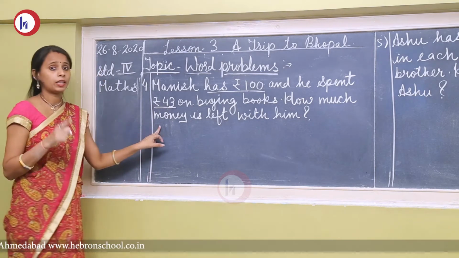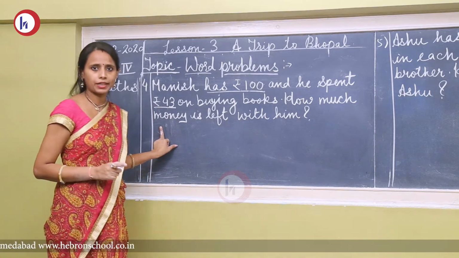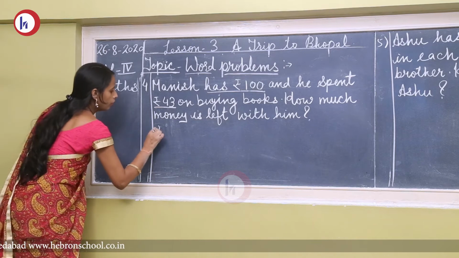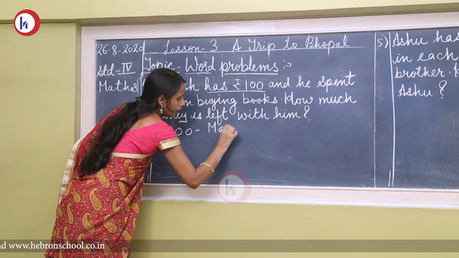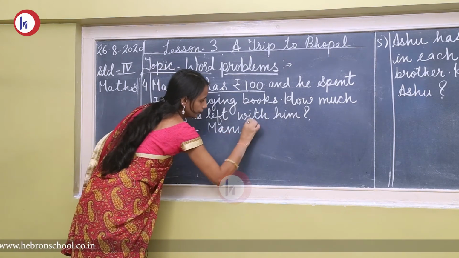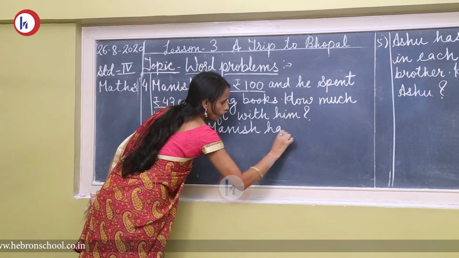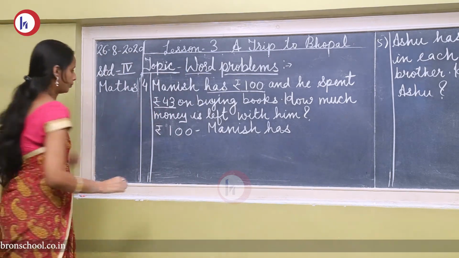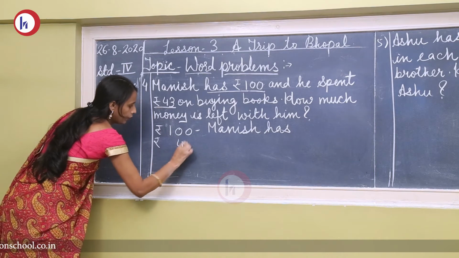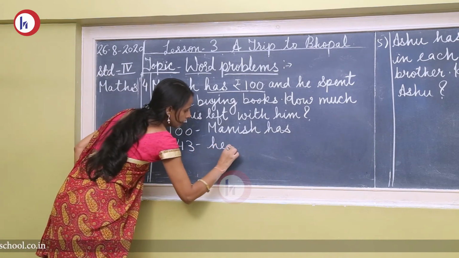So we will not write a statement here because it is a subtraction sum. So first of all we will write rupees 100 which Manish has. Then how much he spent? Rupees 43 he spent.